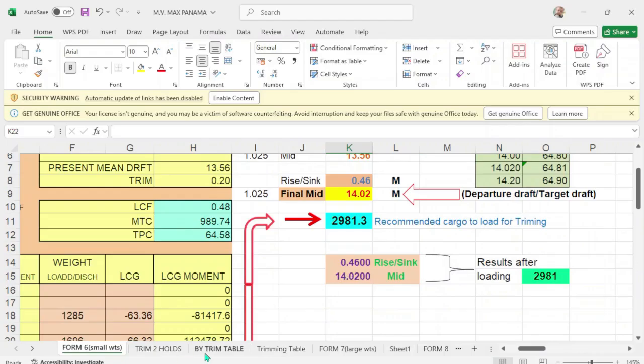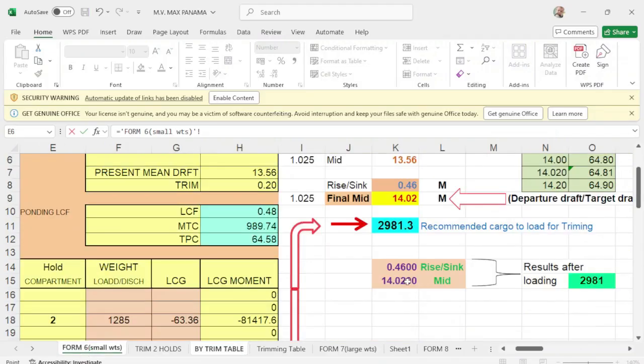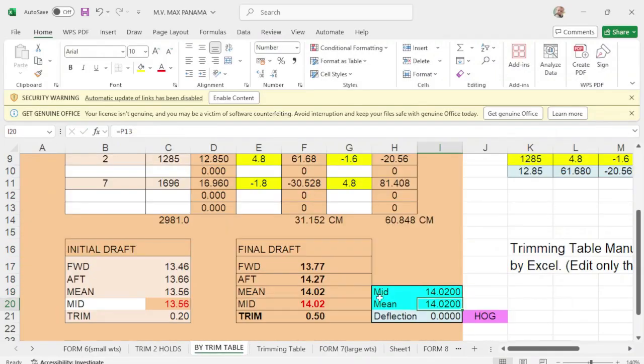Exactly. So what I did is put equals. Then you go to your mid drop, which is exactly the same. There you go. And your main drop is this one. Click this one.